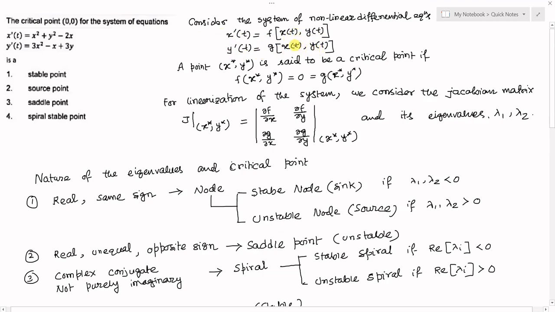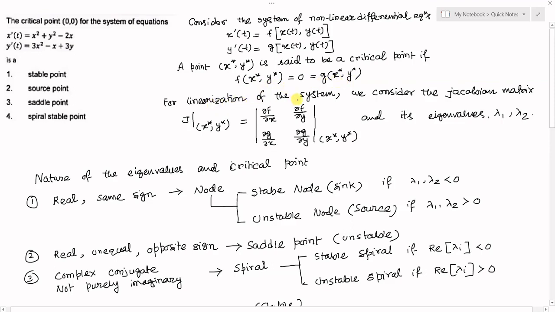Obviously, this is an autonomous system, and a point (x*, y*) is said to be a critical point if both f and g vanish at it. That is, f(x*, y*) = 0 and g(x*, y*) = 0.